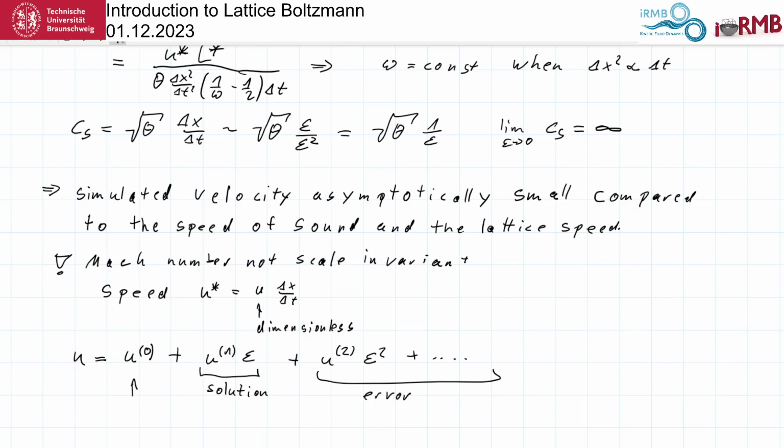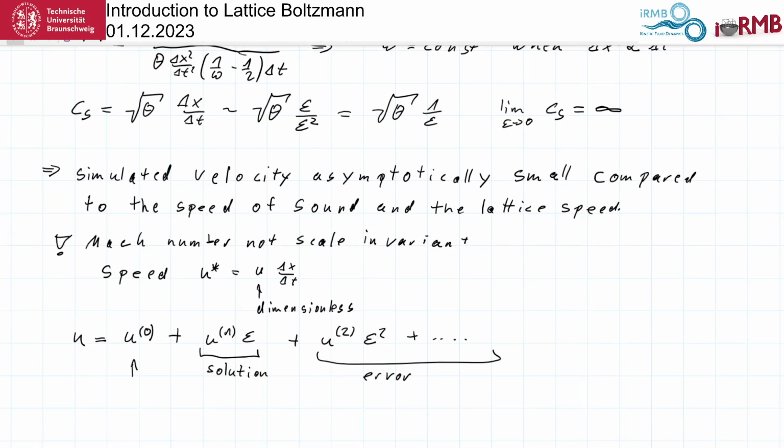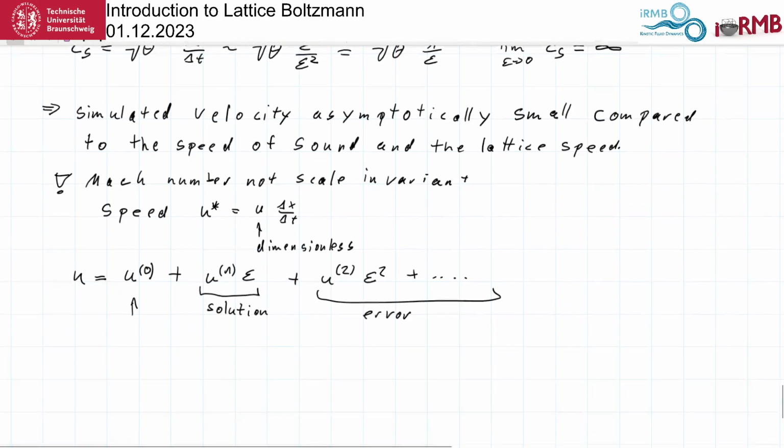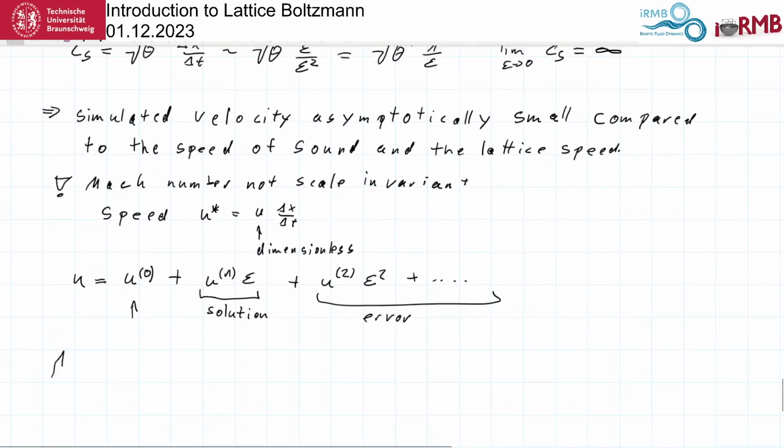Okay. So now, after this big detour about asymptotic analysis, we come to the asymptotic expansion of our Taylor expanded moment equation. So we include the asymptotic expansion into the already Taylor expanded equation.